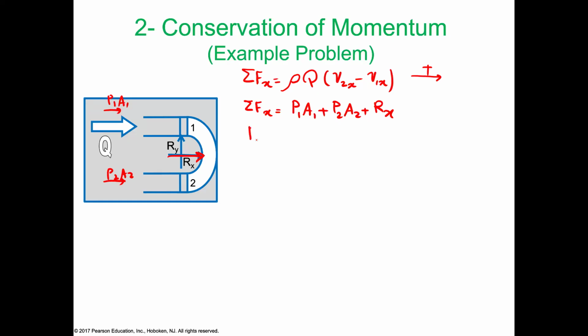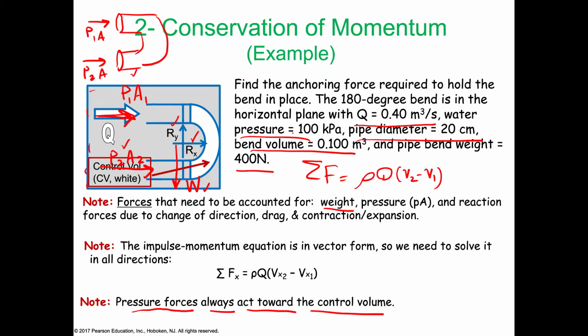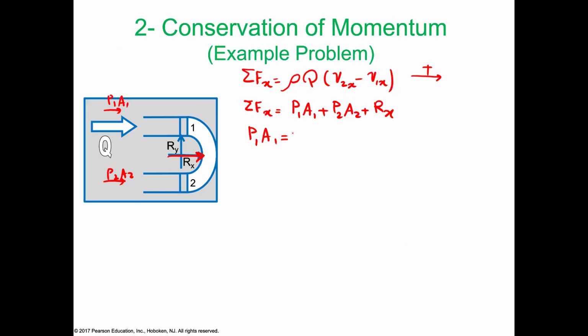Do I have P1A1? I think I have. Let's go back to the question. I remember I have pressure, right? And area. I think I have area as well. So what was P1? 100 kilo.